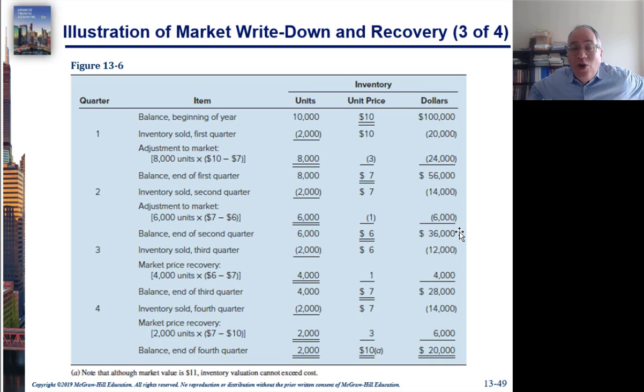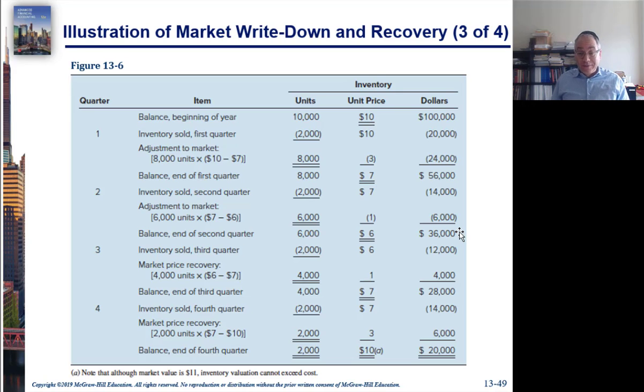Here's the fun part. Normally, when you do lower of cost to market adjustments and you write your inventory down, that's it. Game over, it's written down. If you expect it to recover when you do the write-down, and that is recover by the end of the year, then when the value goes back up during the year, you can take it back up.